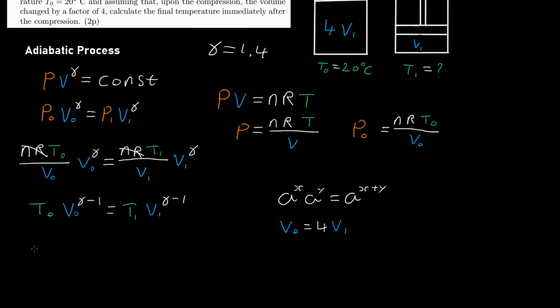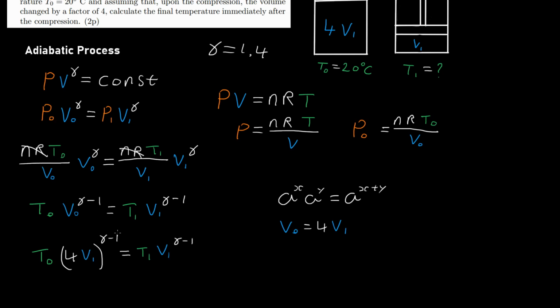That will give us T naught times 4 V1, and all of that will be to the gamma minus 1 power, equals T1 V1 to the gamma minus 1.